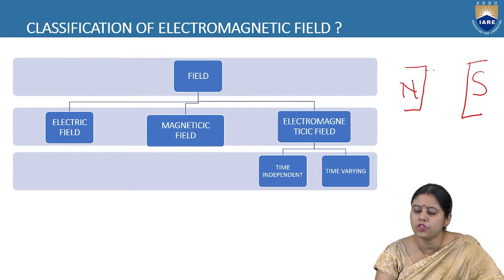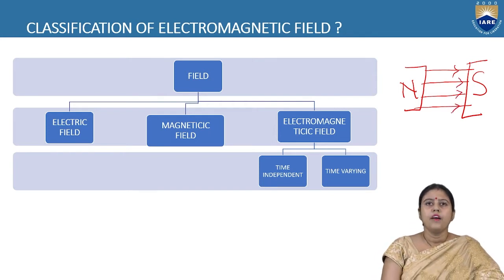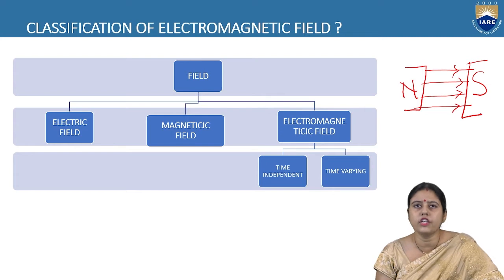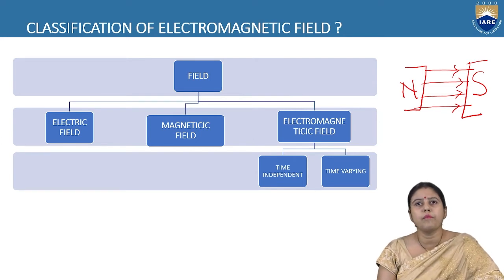Now we know that from north pole to south pole there are lines of force, which we can call the electromagnetic field. Why electromagnetic field? It is a combination of electric field and magnetic field. We are giving current to the iron and the iron is changing into an electromagnet. So this is the example.